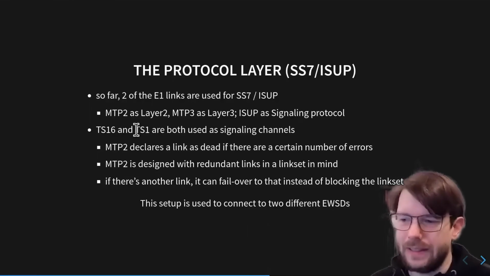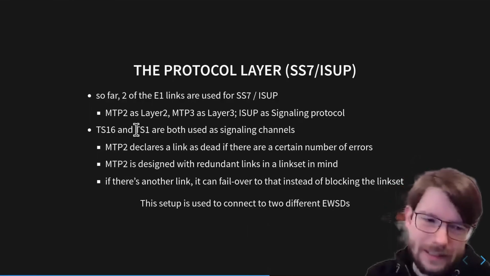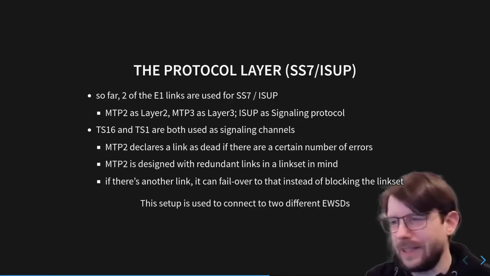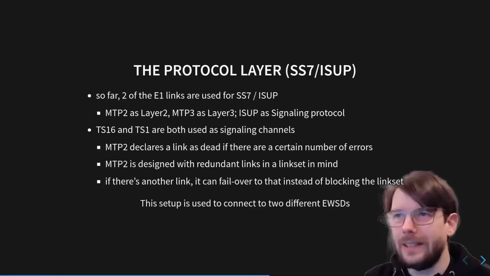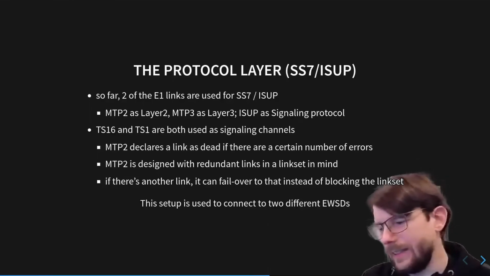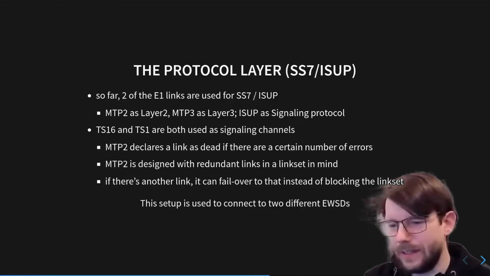So in SS7 MTP, all the connections are so-called link sets, and I think there are up to 7 or 8 possible links within a link set, and the idea is that you have redundancy between those links.